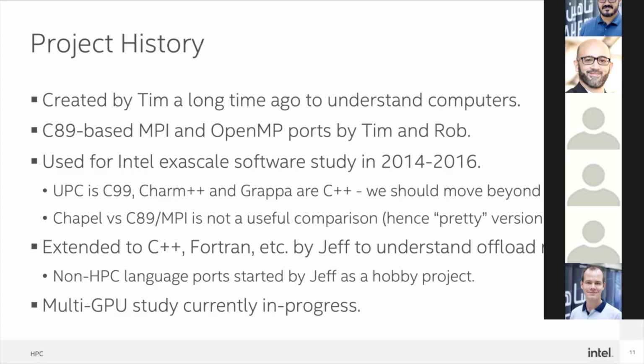And I joined Intel in about 2014, and we decided that we were going to use the parallel research kernels to answer some problems about exascale, because there was a debate in that era about whether or not MPI was going to stick around to exascale. Could MPI get there? Things like that. And then there were a bunch of, sort of, PGAS was known and established.